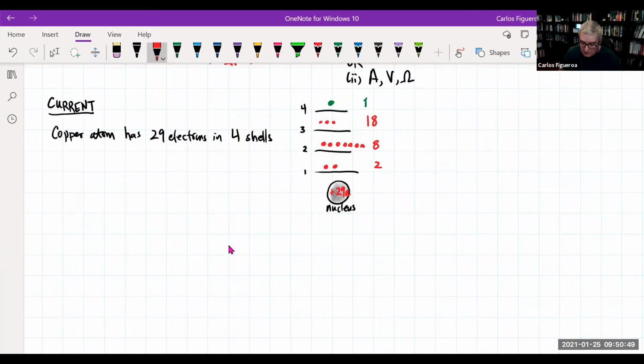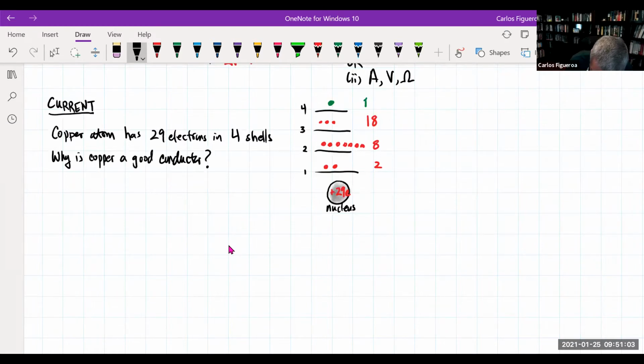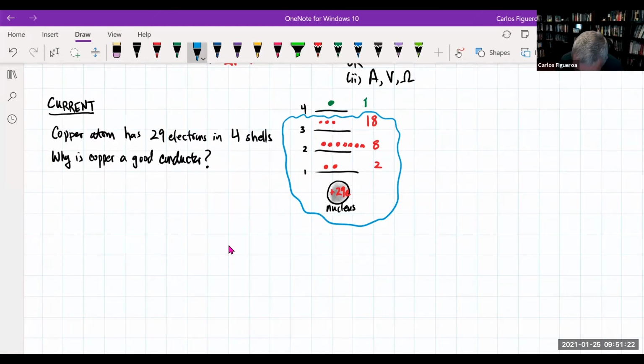So the question is this: why is copper a good conductor? Well, the answer goes something like this. If I take a Gaussian surface, and let's say I isolate the fourth shell, so this is my Gaussian right here.